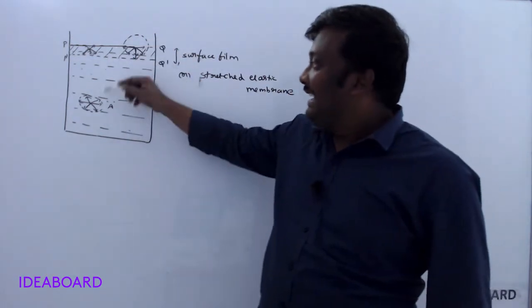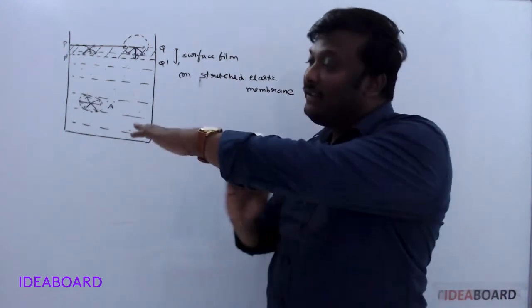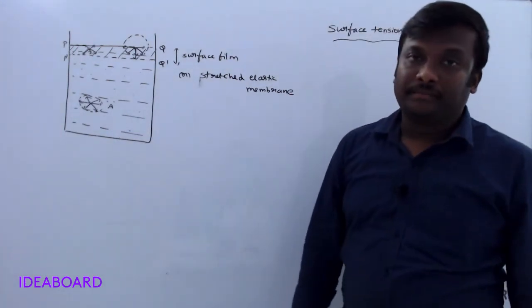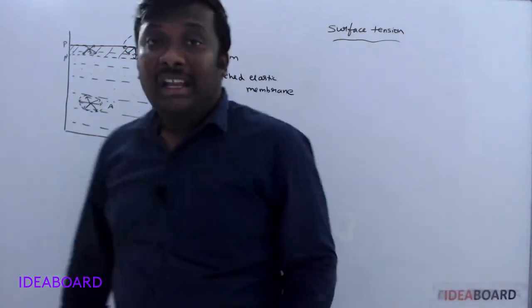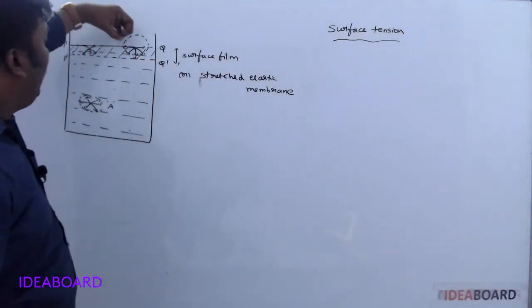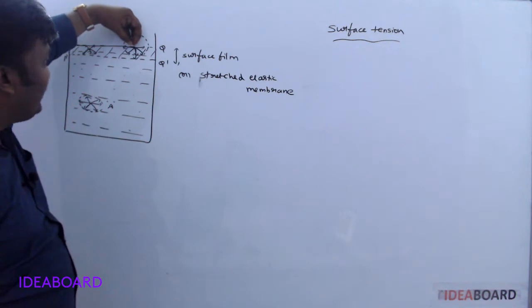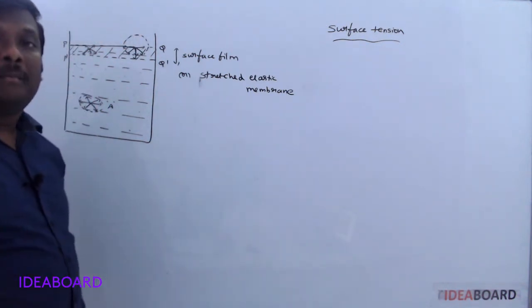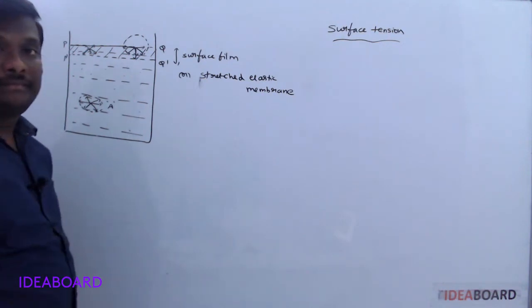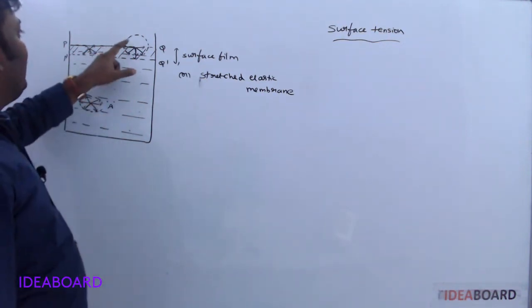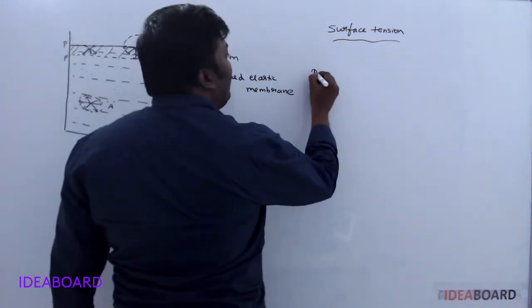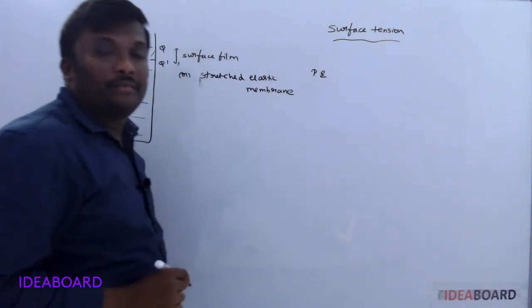It is not acting at any point inside, only on the surface. Now, in order to lift a molecule on the surface up, you must apply some work done. This work done is stored in the form of potential energy.